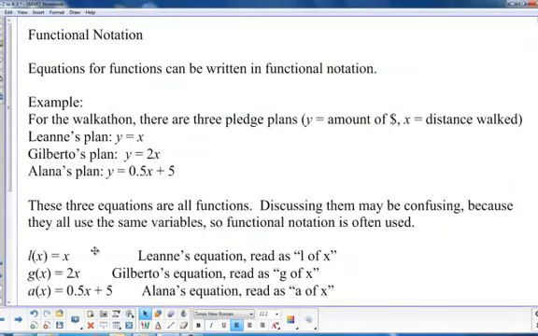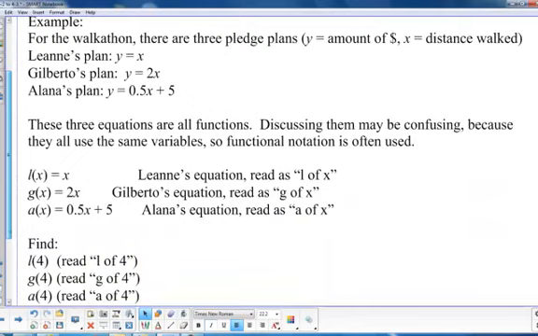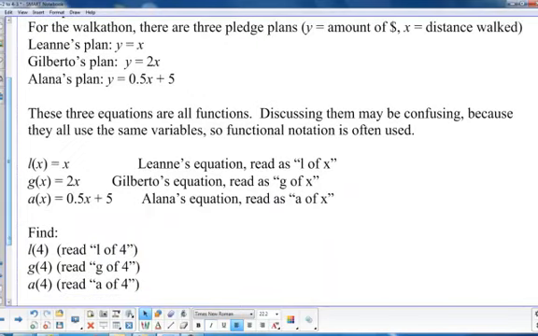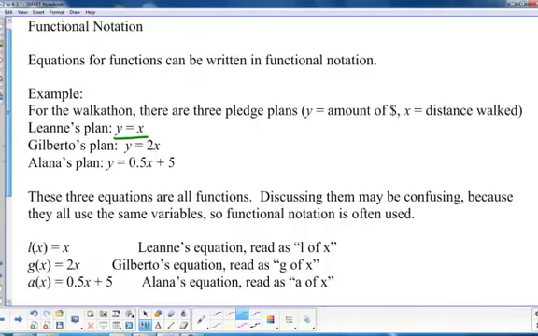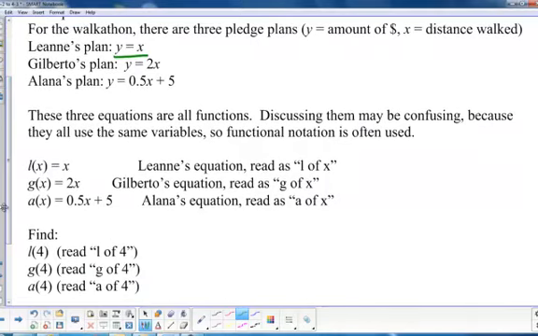So we are used to writing equations in y equals form. There's another form that's called function notation. So if you look at this, y equals x for this walkathon. All right, so what this means is Leanne, this is an L of x, that's how you read this right here.